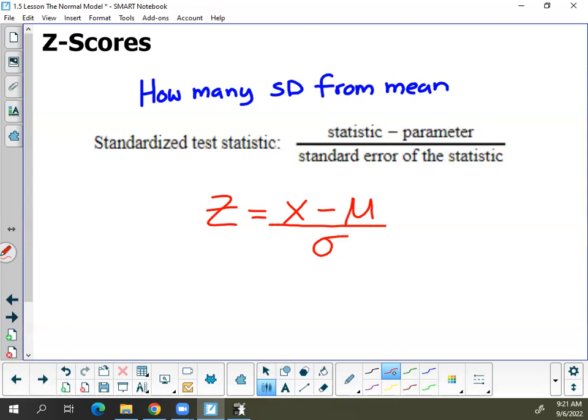So we have a z-score, a standardized score. We have our data point, x, our mean, and our standard deviation.